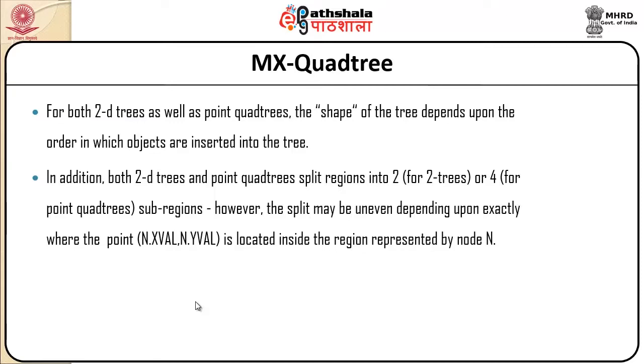In addition, both two-dimensional trees and point quadtrees split the regions into either 2 or 4 sub-regions. However, the split may be uneven depending upon where the point, n dot x value and y value, is located inside the region represented by the node n.